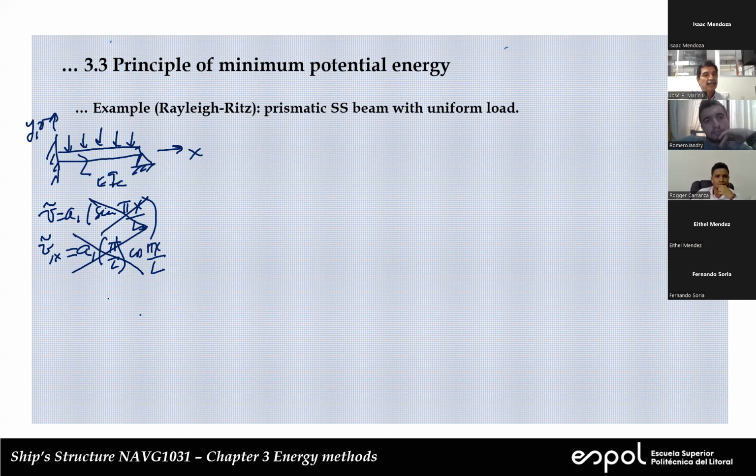And this is something that you should see geometrically, okay? If you draw the sine between 0 and L, this would be something like this. This is the sine. And then you continue like this.